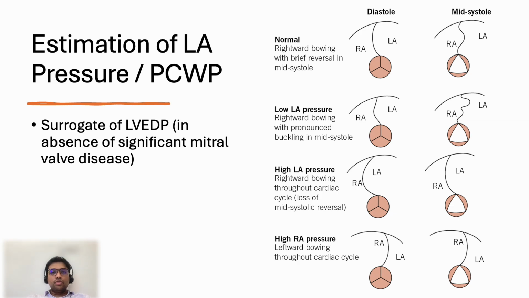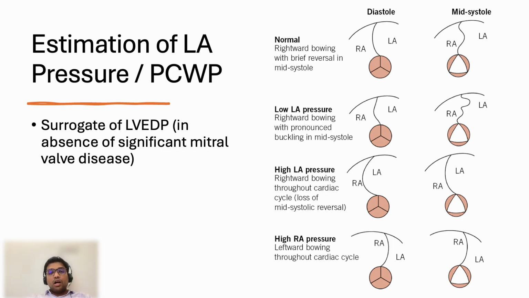Next, you want to know how congested the left side of the heart is. That is told by estimation of left atrial pressure or PCWP, which is a surrogate of LV end diastolic pressure in the absence of significant mitral valve disease. We cannot measure LA pressure directly by transesophageal echocardiography, but we can do a rough estimate by seeing the movement of the interatrial septum.